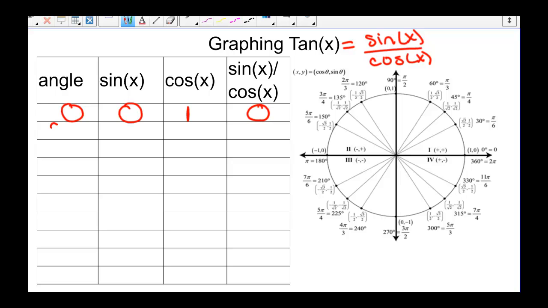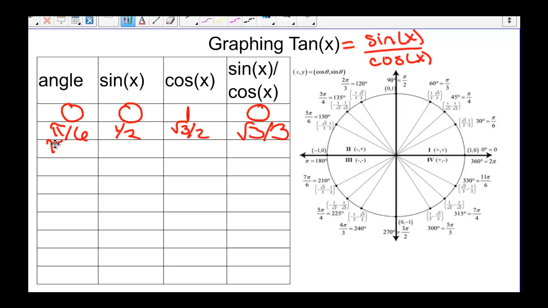At pi over 6, sine is 1/2 and cosine is square root of 3 over 2, gives us square root of 3 over 3.